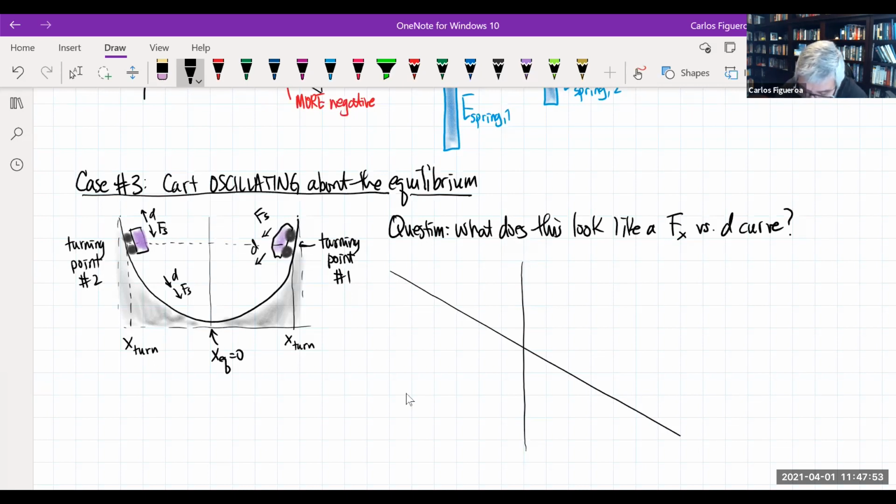We have something like this. Remember, this is the spring force, which is minus kx. And of course, we need our horizontal axis, and it's going to look something like this.